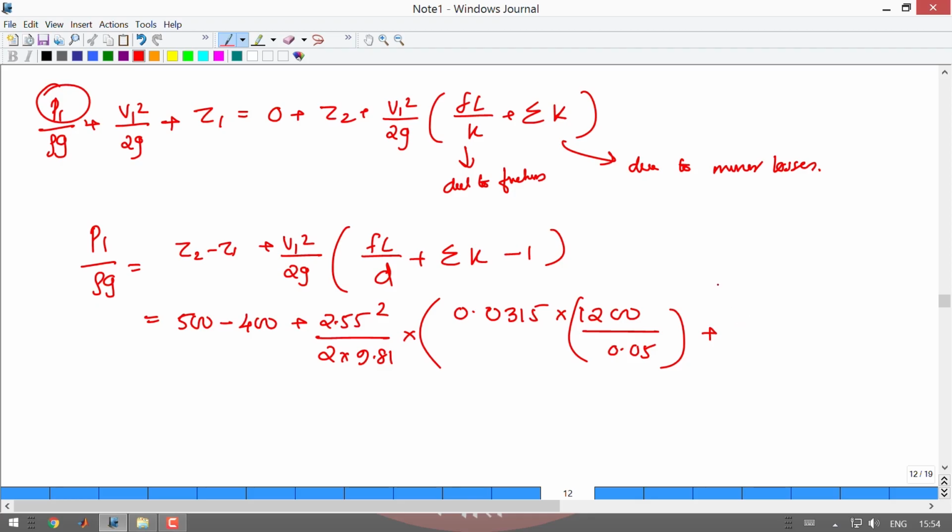So the summation is 0.5 for the sharp entrance, plus 2 into 0.2 for the 45 degree, and 4 into 0.3 for the 90 degree, plus this for the open flanged globe valve, and this for the submerged exit.